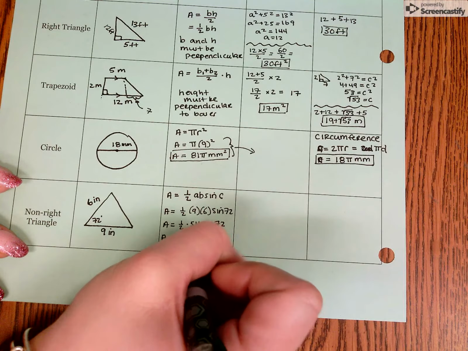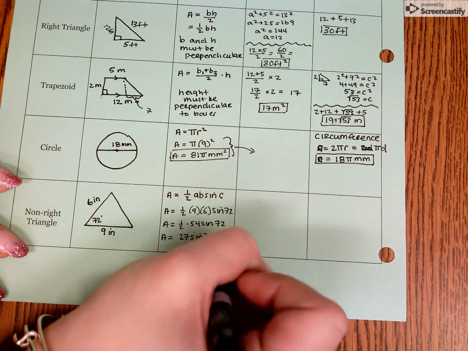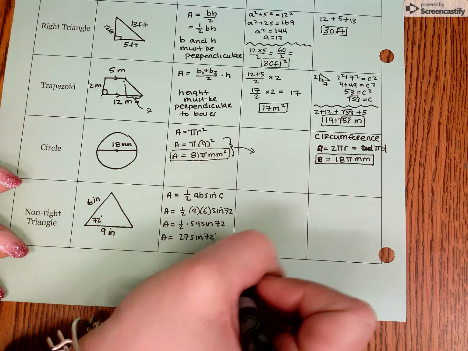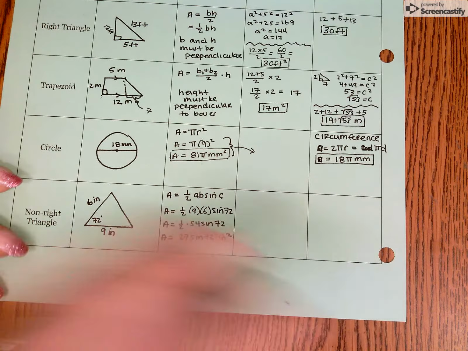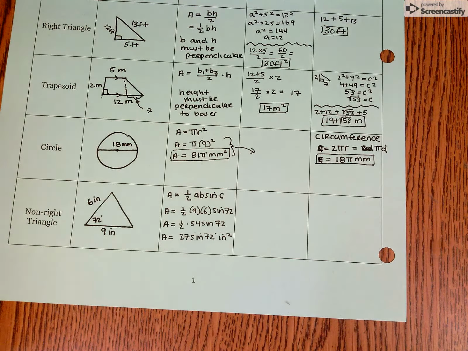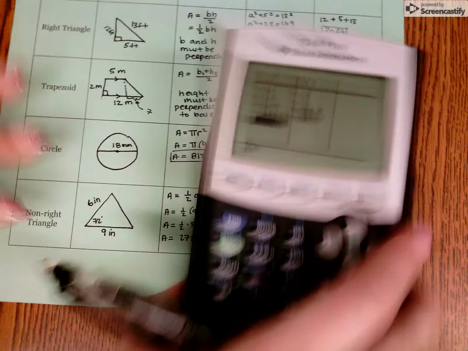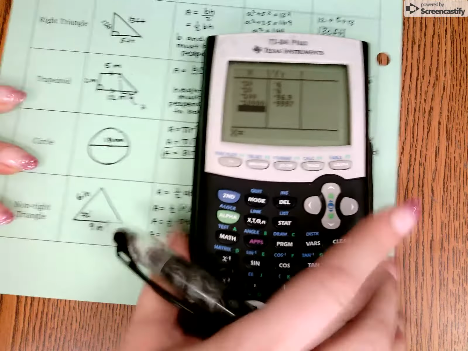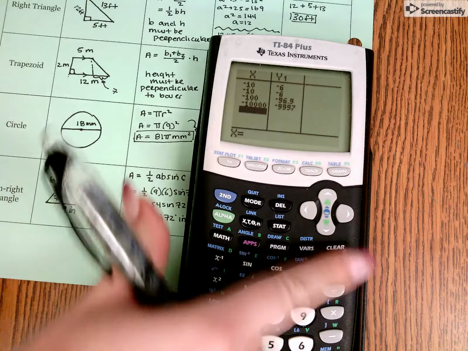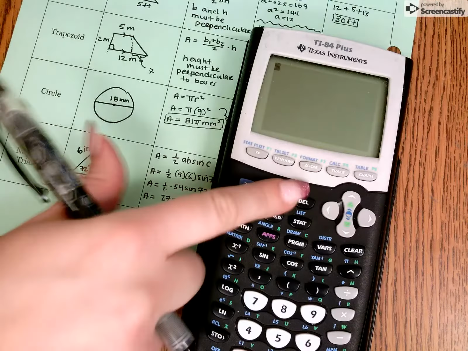You know what? Where's my calculator? Oh, there it is. So let's say I wanted to put this into my calculator. I guess this is pretty important. Let's not forget that we have to be in the correct mode. So I'm going to click mode, whoops. And oh look, mine's already there. If you've ever cleared your calculator, it's going to default to radians. So you're going to want to make sure it's in degrees because we're talking about 72 degrees.